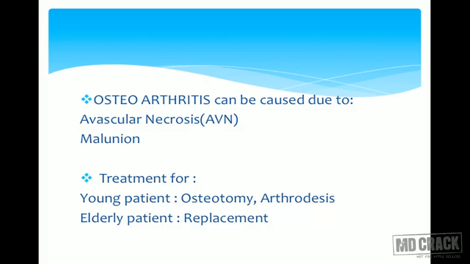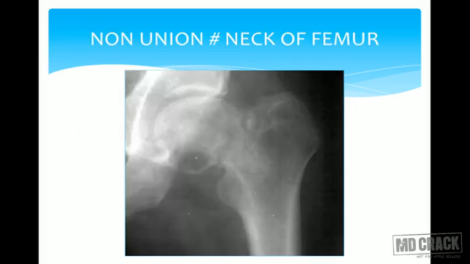Avascular, by the word, means that the vascularity is lost, and if the blood supply doesn't come to the head, it gets necrosed and there will be complete resorption later. So in young patients, we must try to preserve the head as much as possible. You must do either an osteotomy to get the vascularity back, or secondly arthrodesis, that is, fusion. While in elderly patients, you can safely replace the whole head.